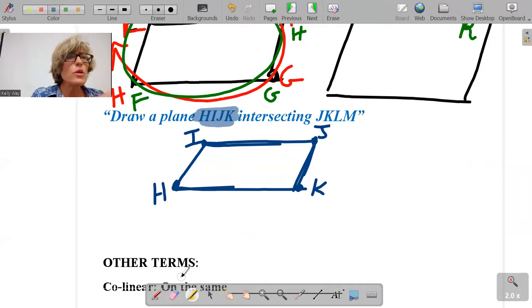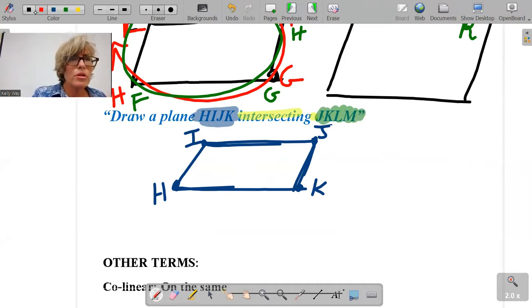And it's going to intersect another plane, JKLM. HIJK intersecting JKLM. Did you hear letters repeated?